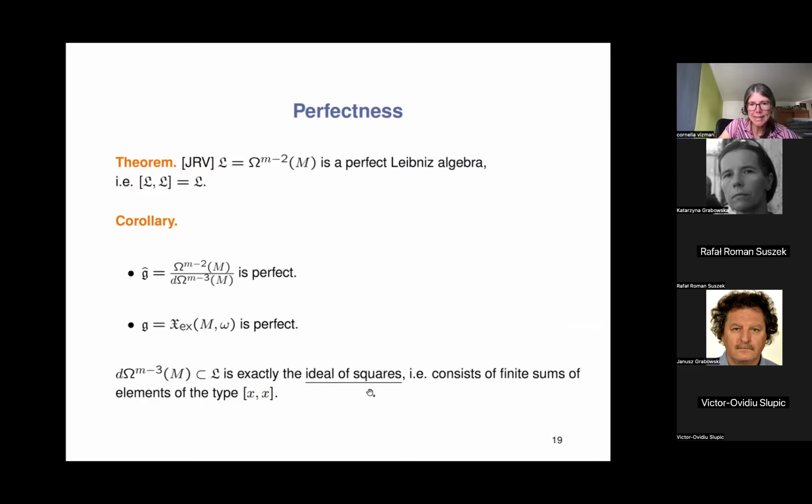I said the ideal of squares is given by the exact m-2 forms. This was again proved by really working in coordinates, and then using this paving principle, I forgot his name, Ostrand something, to get local finiteness and to patch them together.